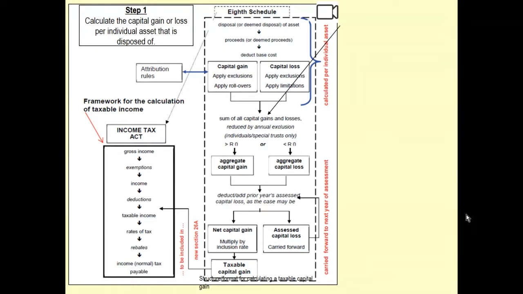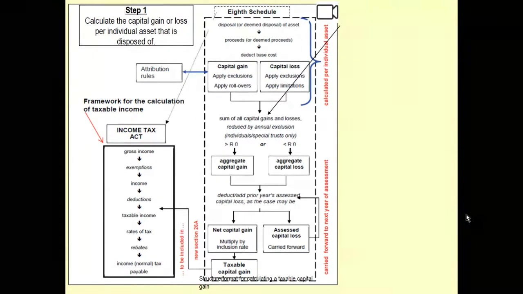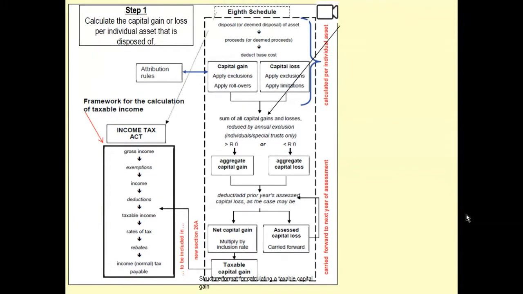Once we've calculated a capital gain or loss, and this is not something that we are going to look at for ETXN 2708 this year, we had to make cuts to the CGT syllabus because of pressure on the program to actually finish. But next year, you will learn all about certain exclusions and limitations and rollovers that could apply, which, for each individual capital gain or capital loss that you calculate, you might have to ignore it.